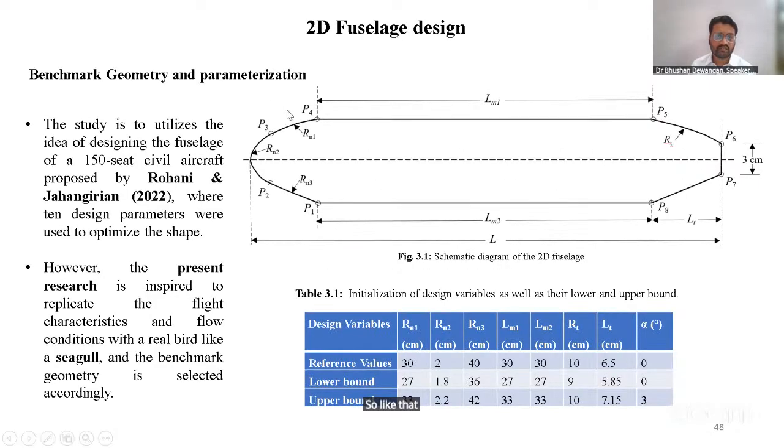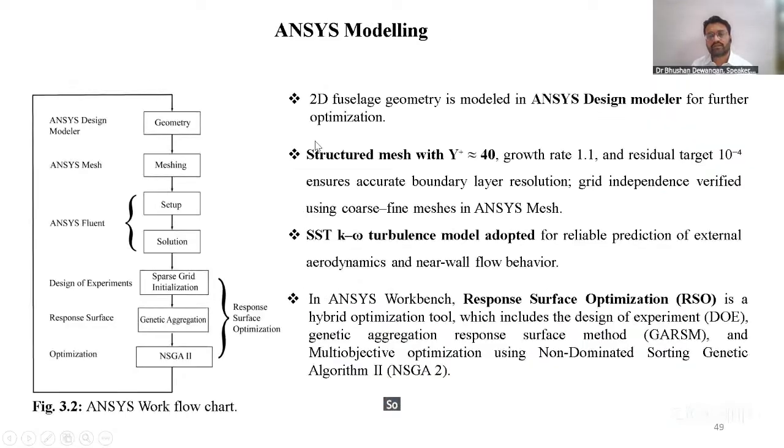So here I will show you how I used this approach to do the optimization. So this is the reference value I have taken, and this is the flow approach I have taken.